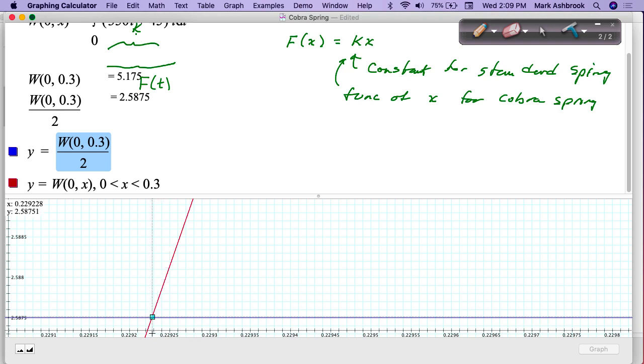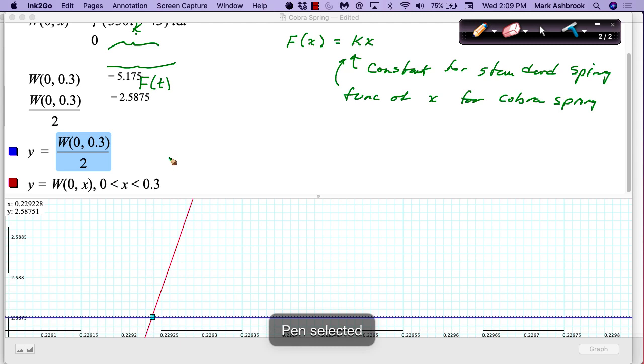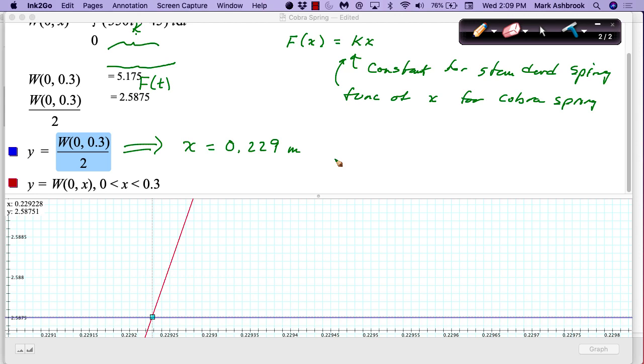Okay, and so then x value is 0.229, and this is still like an approximation because I might not be right on that, but that gives us an x of 0.229 meters. So I'm going to compress it 0.229 meters, and that's going to be half the work, right?